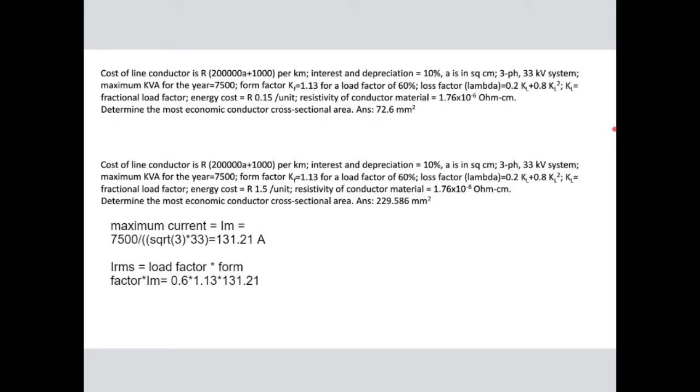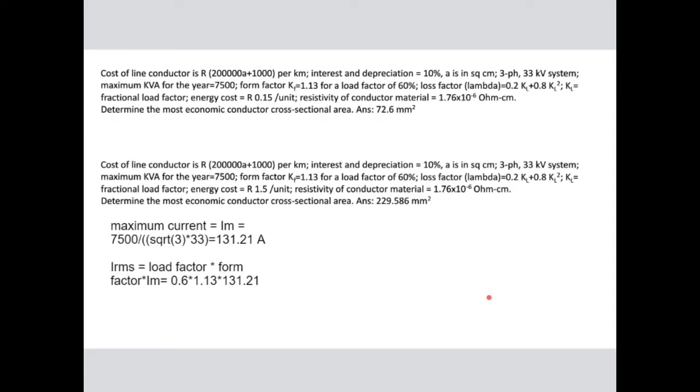Okay, then the answer will be different. I think I made a mistake in my calculation. The 229.586, that's not going to be the correct answer. I'll have to change it. We'll change it when we go to that stage. So this loss factor, please write down what I'm writing here.